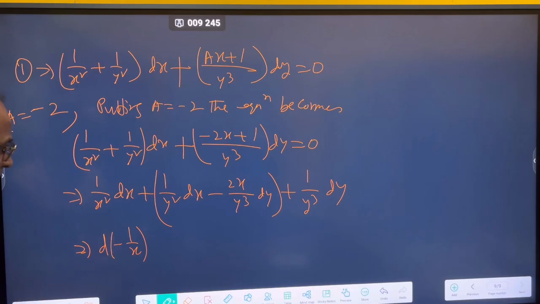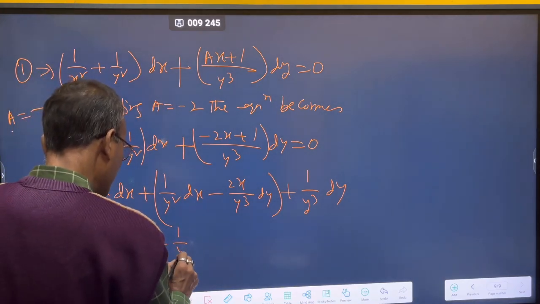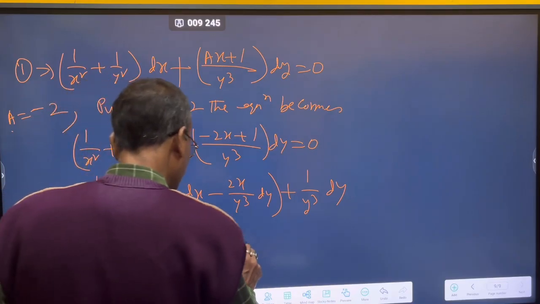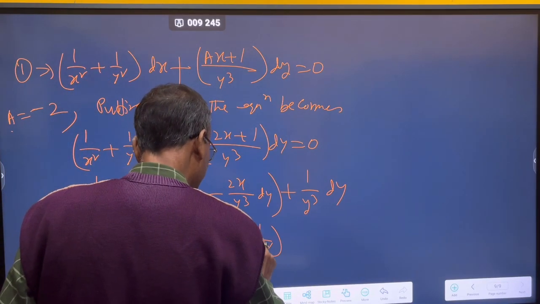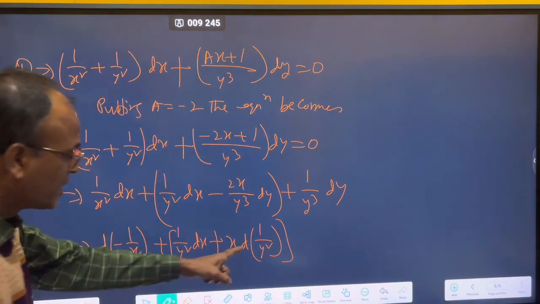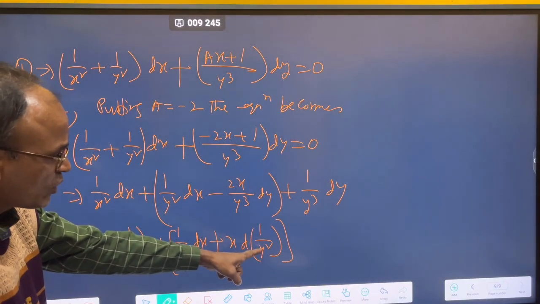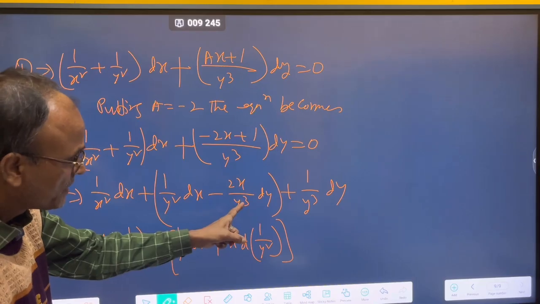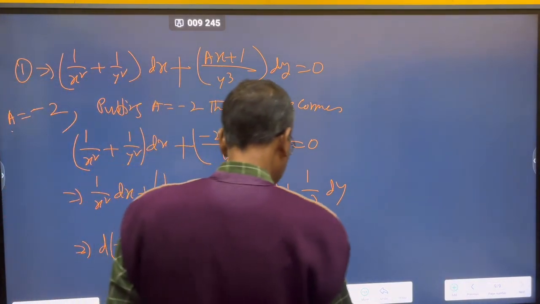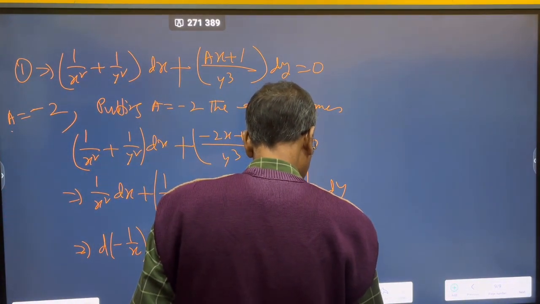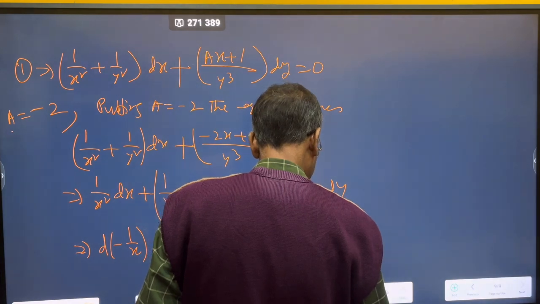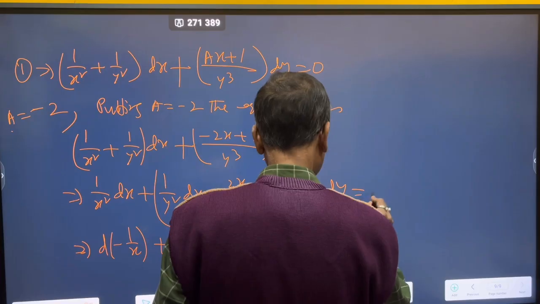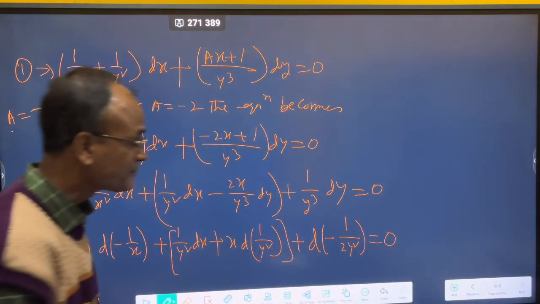It will be 1 by x square dx plus 1 by y square dx plus x d of 1 by y square. You may write like this, because if you differentiate this, you get minus twice y to the power minus 3 dy, plus d of minus 1 by twice y square.